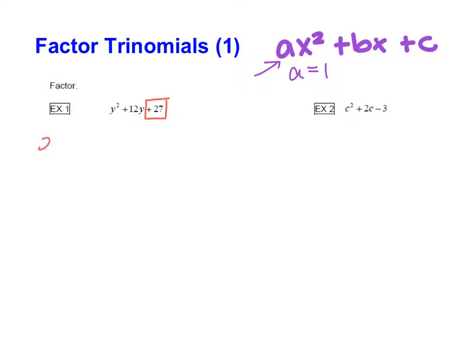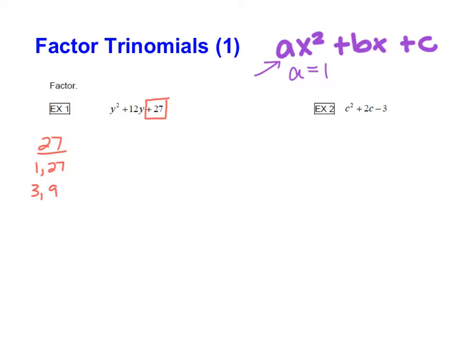And we want to think about factors of 27 because we're factoring a trinomial. So our factor pairs, 1 times 27 is 27. And I'm just going in order. 2 doesn't fit in, 3 fits in 9 times, 4, 5, 6, 7, 8, 9 fits in, but I already have 9 there.